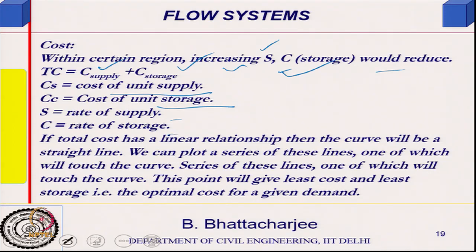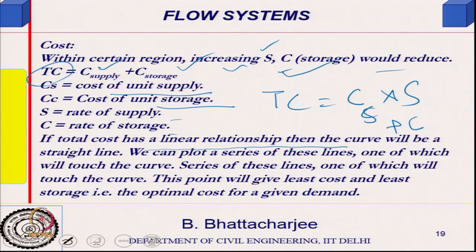So, if the total cost has a linear relationship, for example, if TC is simply Cs multiplied by S plus Cc multiplied by C, then in that case it is a linear relationship.